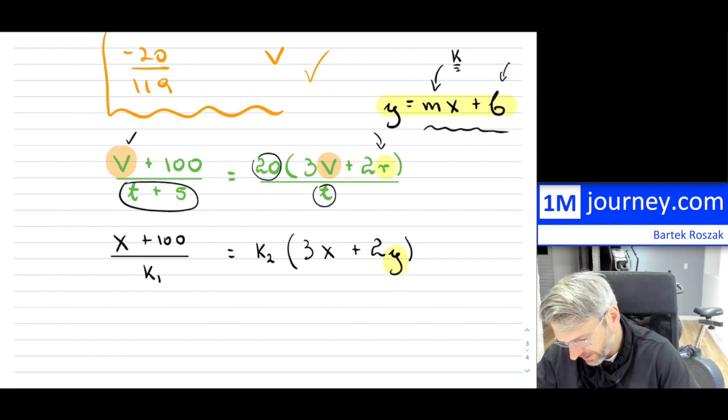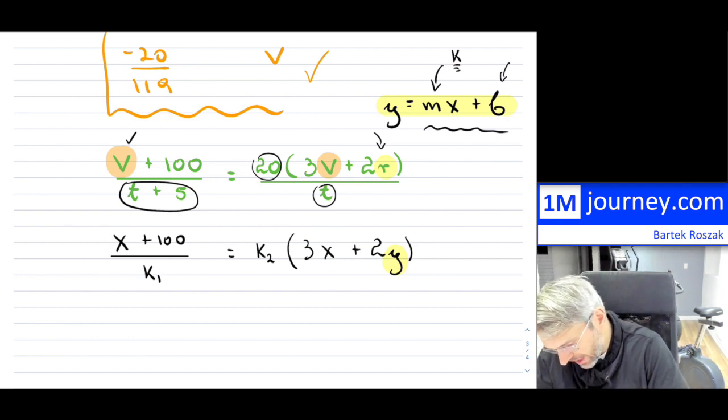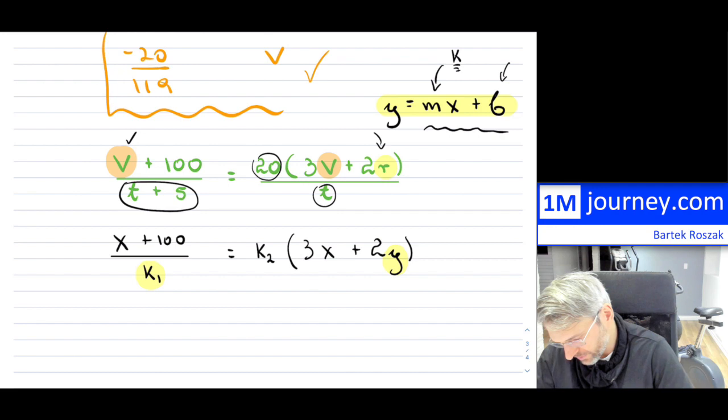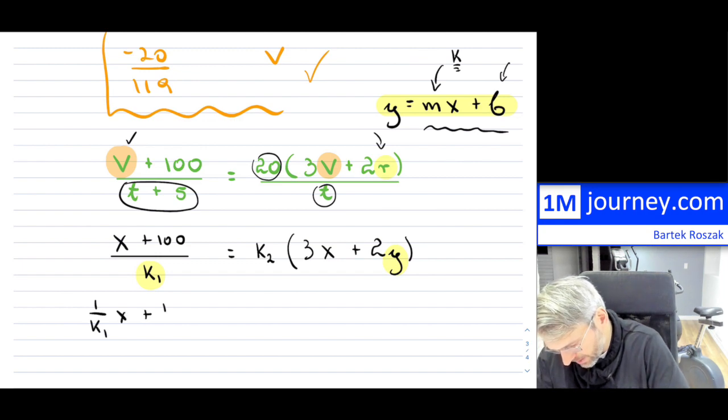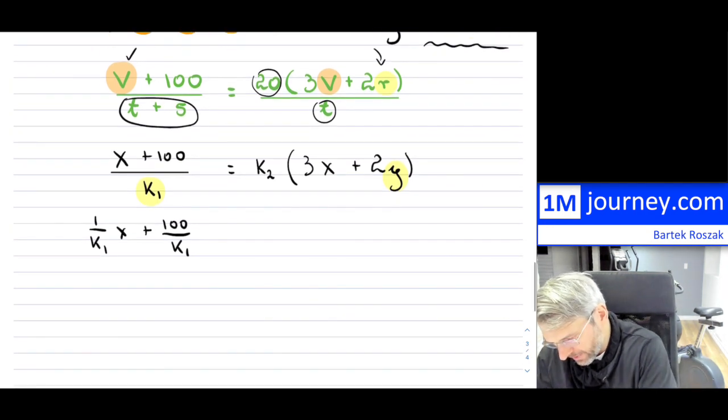So I do have this k1 below. So I can actually simplify this whole thing. Notice what this is. This is just 1 over k1 x plus 100 over k1. Now, this is just a constant, and this is just a constant.